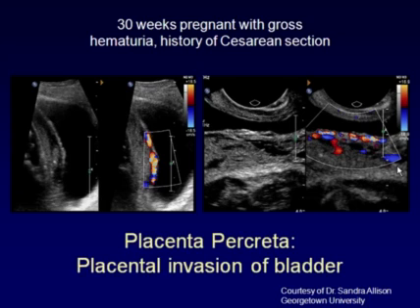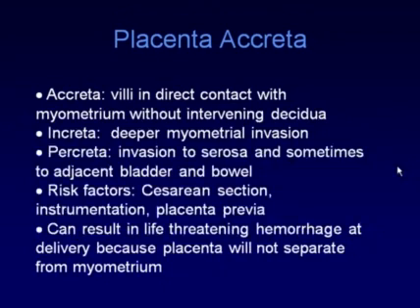This is an example of a placenta percreta, or placental invasion of the bladder, and it is related to the prior cesarean section. So these are all in the realm of placenta accreta, and accreta is when the villi are in direct contact with the myometrium without any intervening decidua.